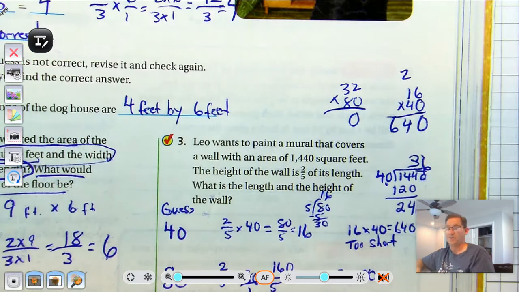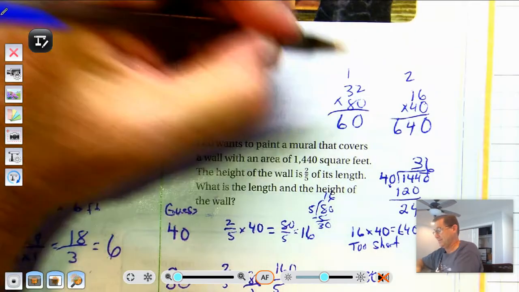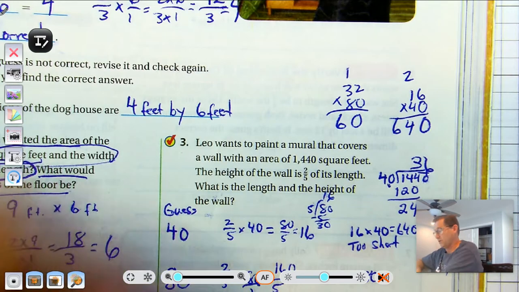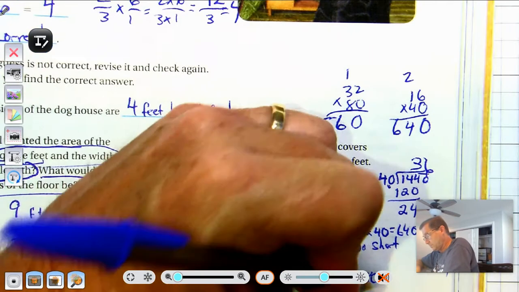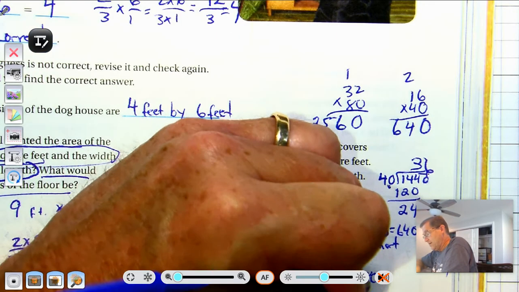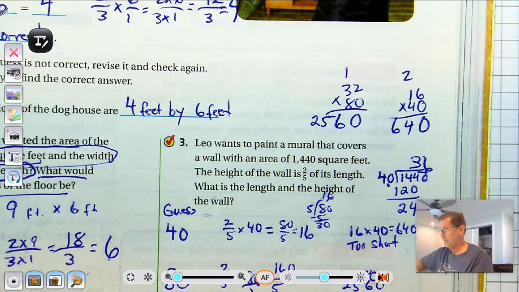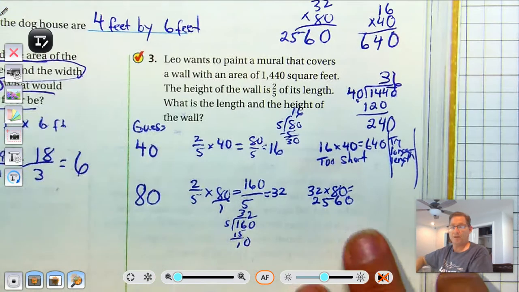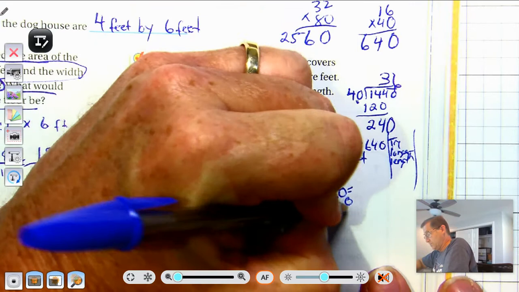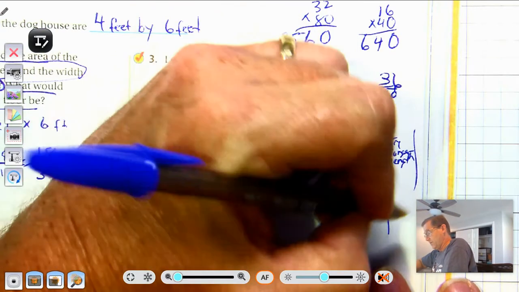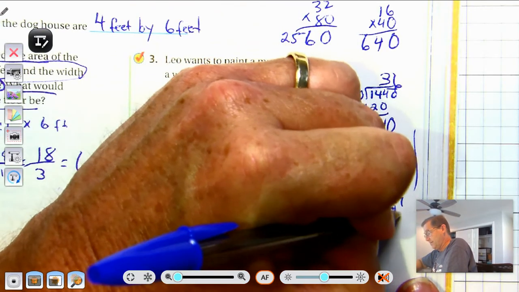Again, we know it's going to end in a 0. 8 times 2 is 16. 8 times 3 is 24, plus 1 more is 25. Oh, 2,560. That is way over what I want. So that's too long. So we're going to have to try a shorter length.